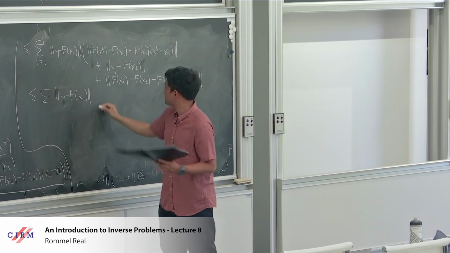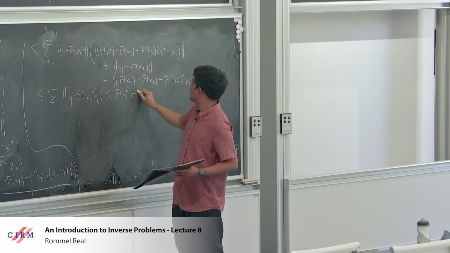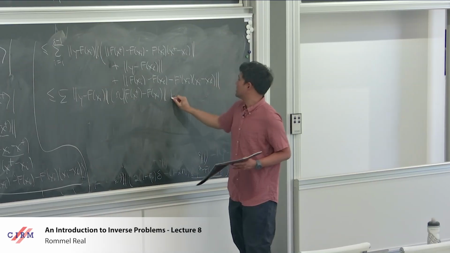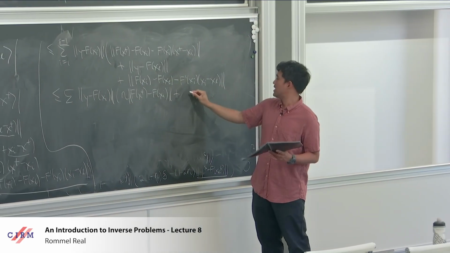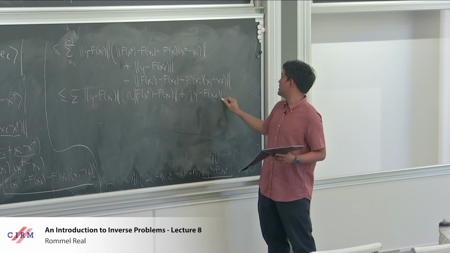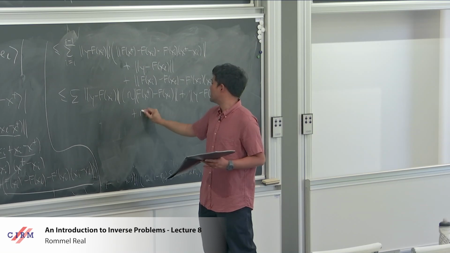Times this one. So you have eta times x sub I plus y minus f of x sub L. And also this one here, you can also apply the nonlinearity condition there.